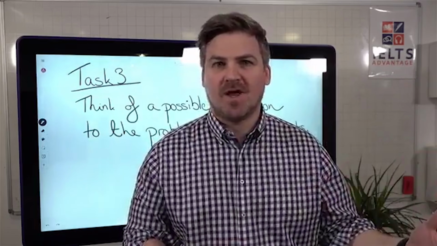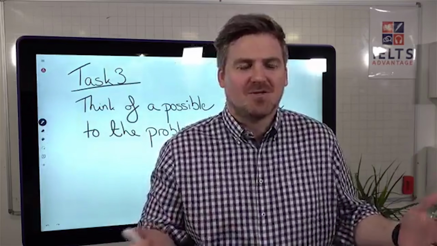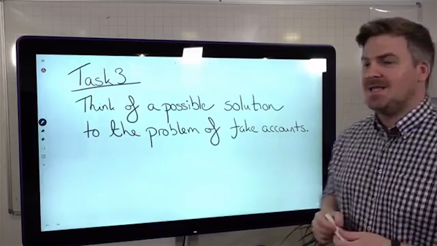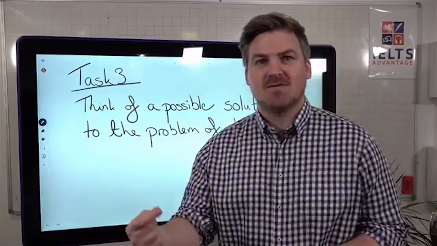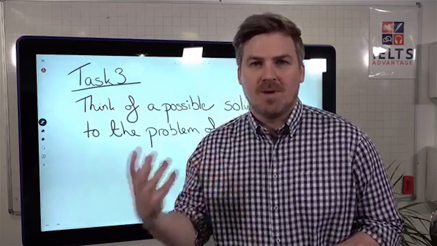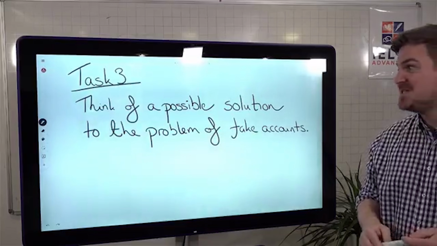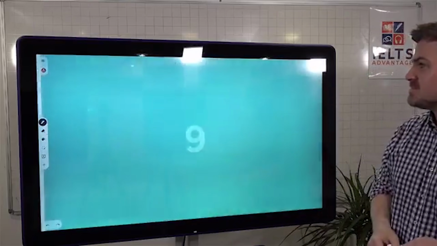Imagine you're talking to a friend in a coffee shop and they ask you, oh, there's all these fake accounts, how would you solve this problem? What would you say? So pause the video and think of this and write it down on your worksheet, because the act of writing it down is going to help you remember all of this, and it's going to help you on test day. So pause the video, again, don't cheat, and let's have a look and think about this.